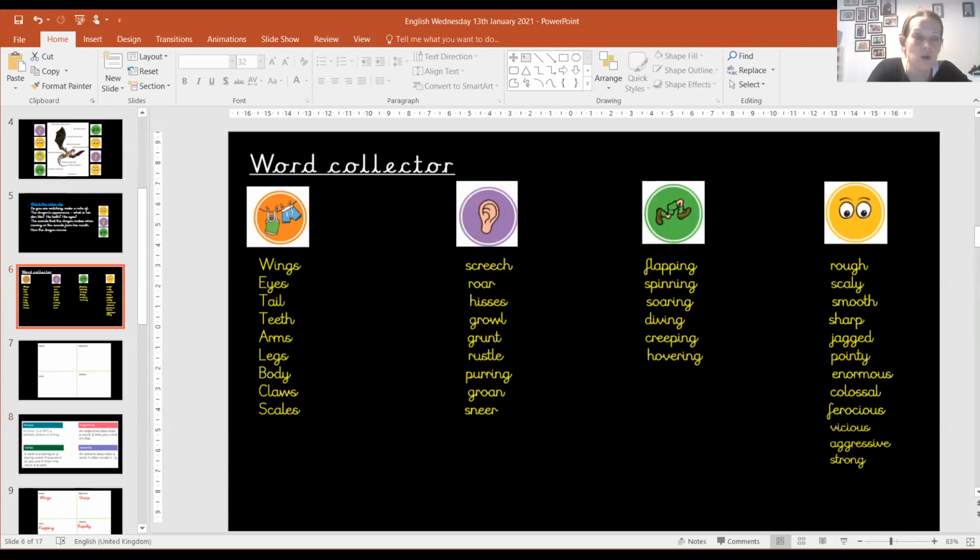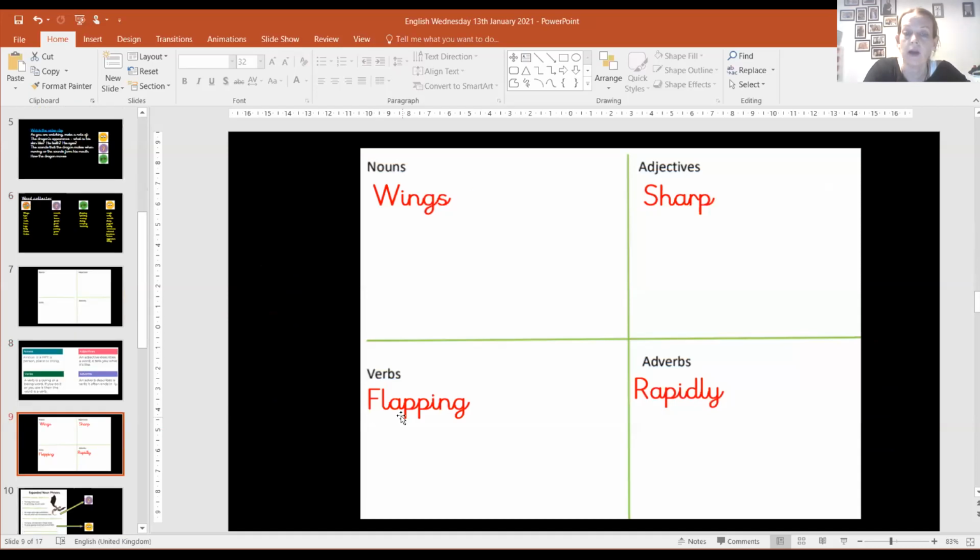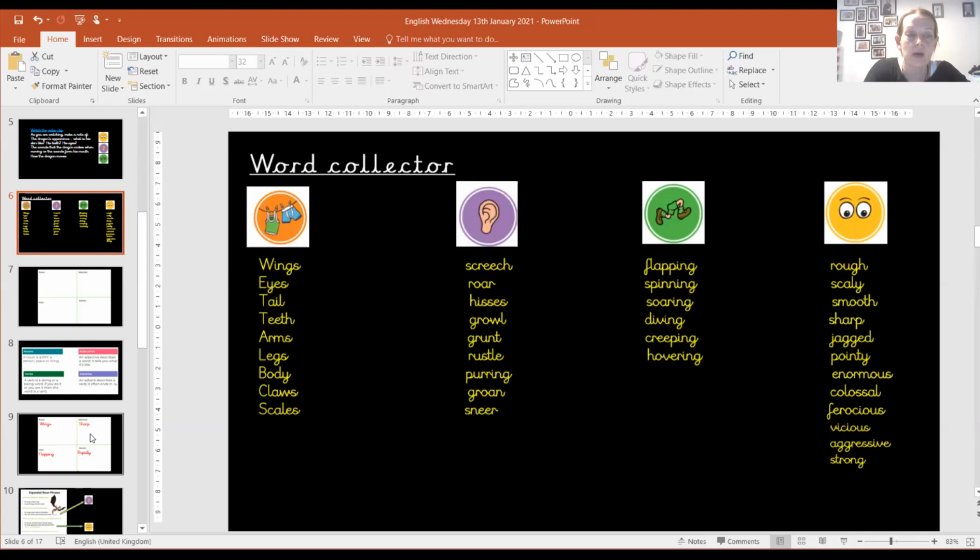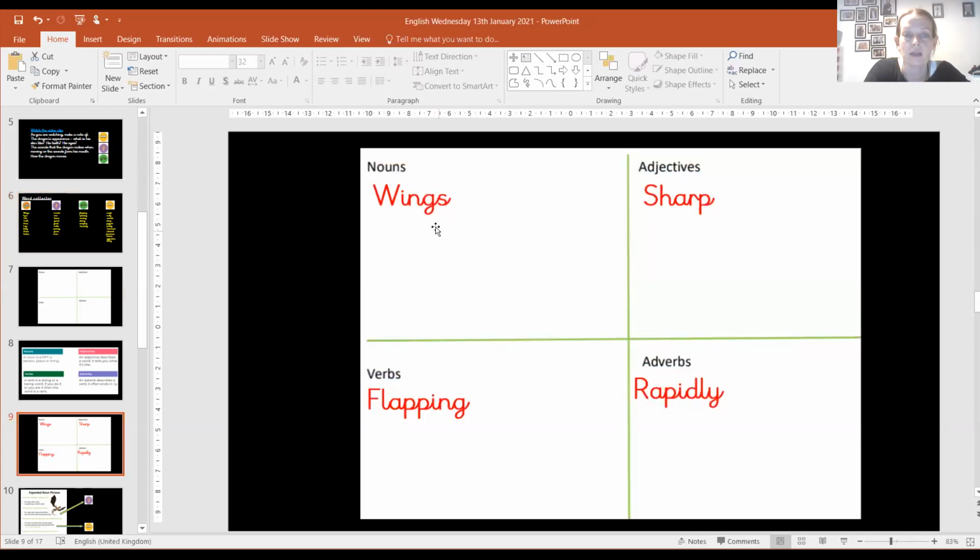So using your word collector list now, have a go, and you might want an adult to help you here, or you might be able to do it on your own. Sort your word collector words into the correct word class box if you've drawn boxes, or you could just write the title and underline it, and then have a go at sorting your words into the correct places.